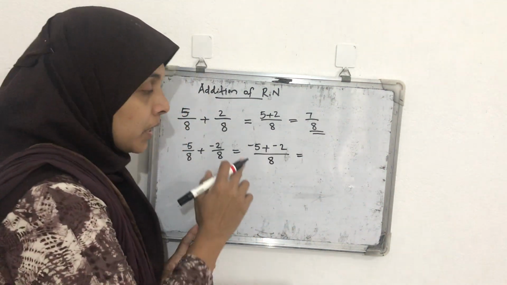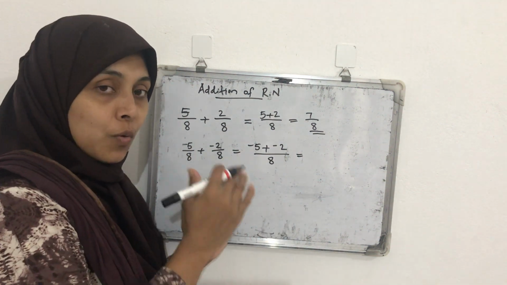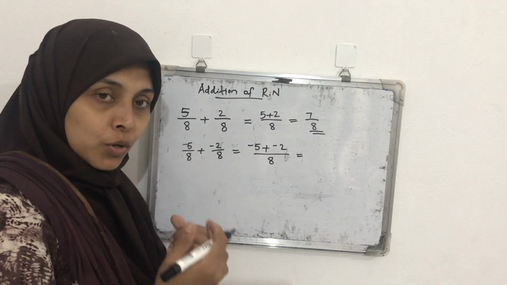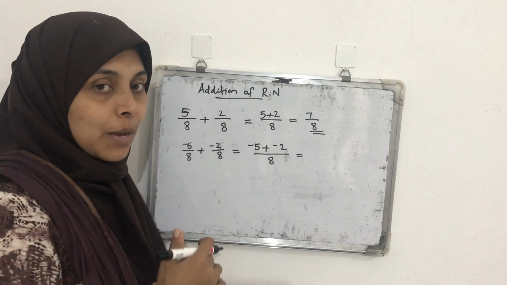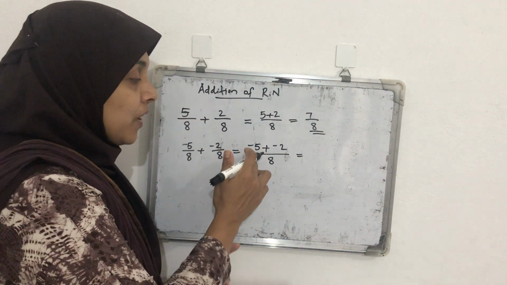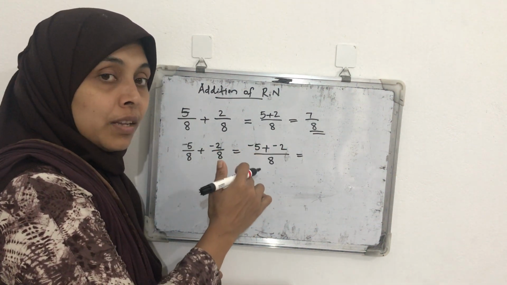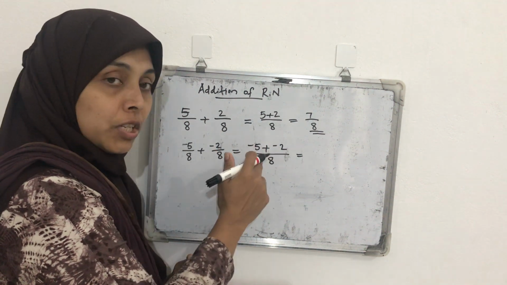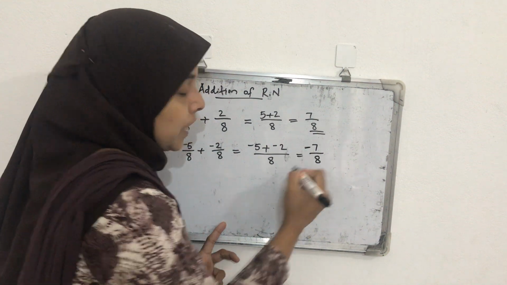We already learned the rules of addition of integers in the first chapter. Minus 5 plus minus 2 is integers with the same sign, so we get minus 7. So minus 7 by 8.